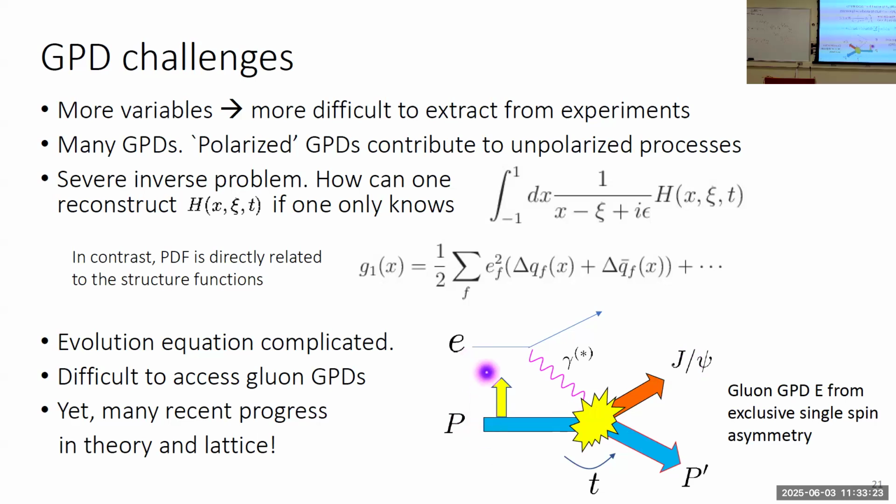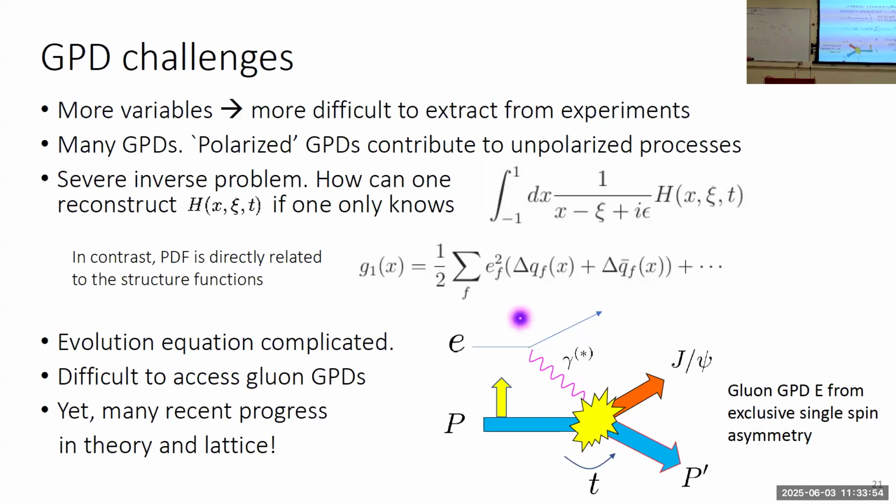The proton is transversely polarized, and you measure the left-right asymmetry of the J/psi in the final state, and this process is sensitive to the GPD E of the gluons. I told you the connection between the transverse polarization and the GPD E, and that's another manifestation of this connection. So if you have transverse spin, you can access the GPD E. And since this is J/psi, you can access the gluon part of the GPD E.